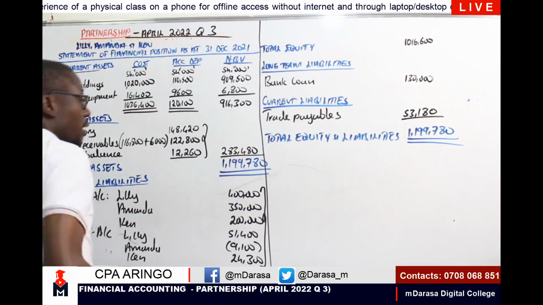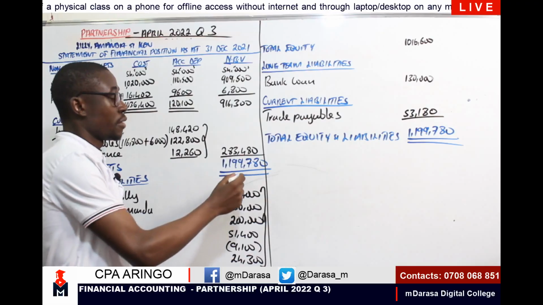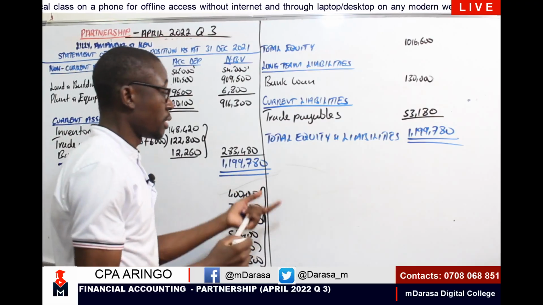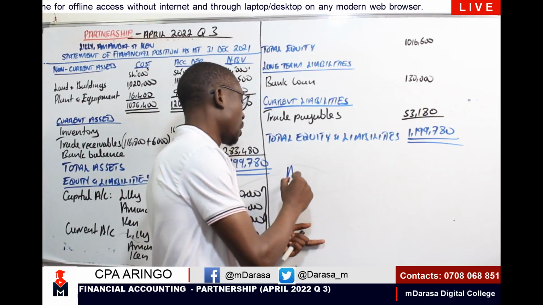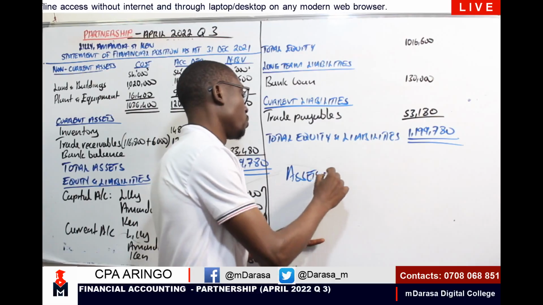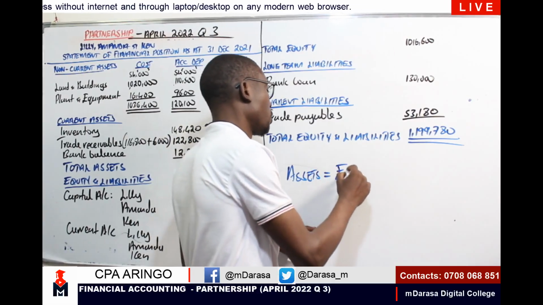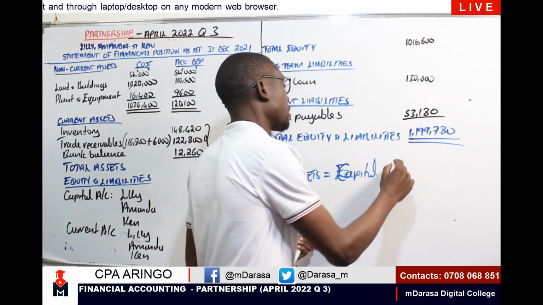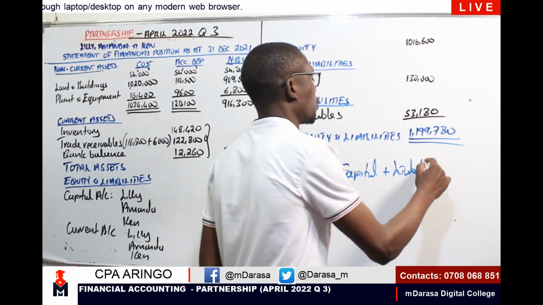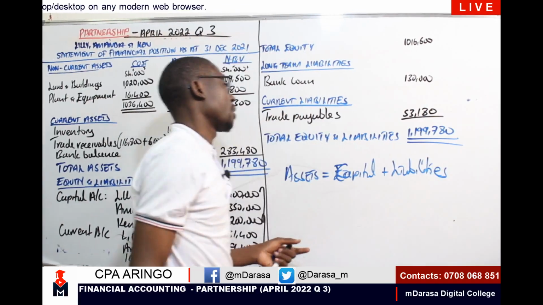So you can clearly see that we've done everything correctly, and it satisfies our bookkeeping equation: our assets should always be equal to equity, or capital, plus liabilities.